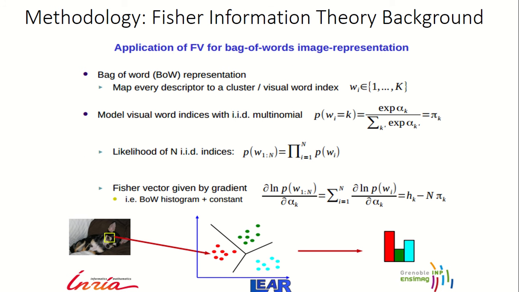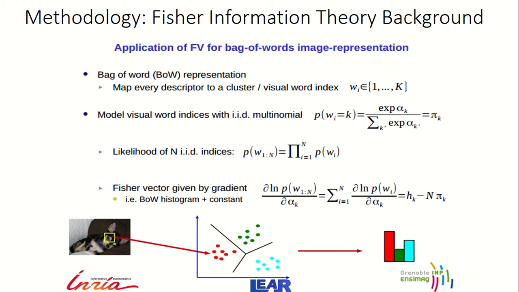So people realized that if they use this idea of the Fisher vector, which is the derivative of your generative model, assuming that the generative model is based on an IID multinomial distribution, then the derivative of the log likelihood of this multinomial distribution becomes equivalent to a bag of visual word histogram, with just a slight difference, which is a constant, which has no effect on the discriminative power of this method.